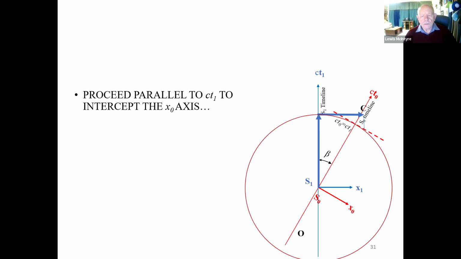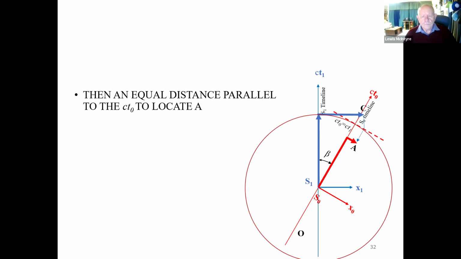We proceed parallel to the CT1 axis to intercept the temporary X0 axis, and an equal distance in the direction of the CT0 to locate A. Note that the resulting X0 is smaller than X1 because this solution required the use of the negative expression. But then you didn't even have to think about that, did you?